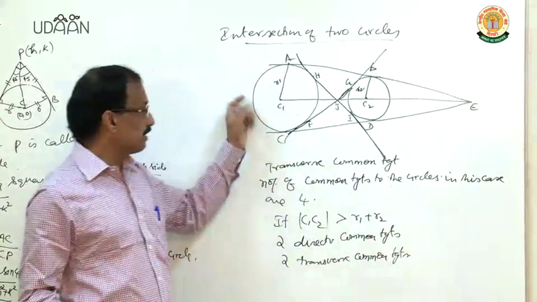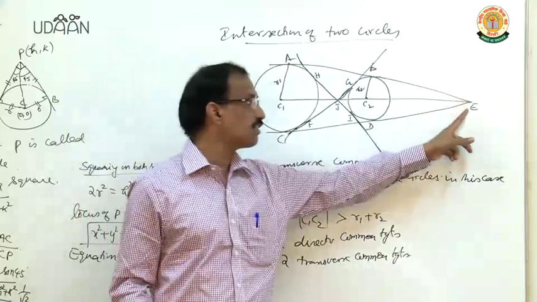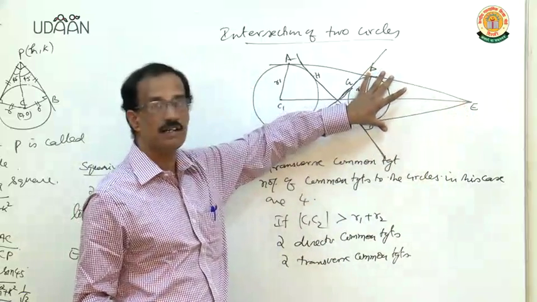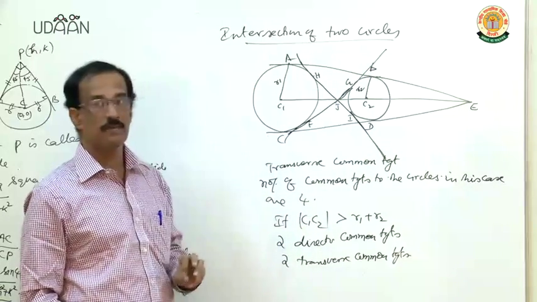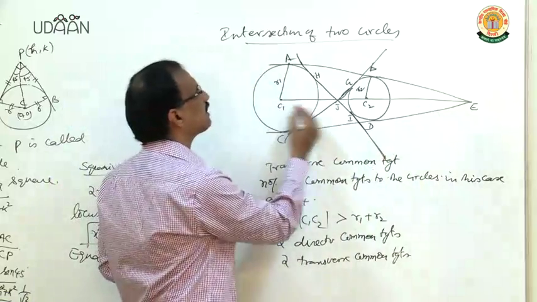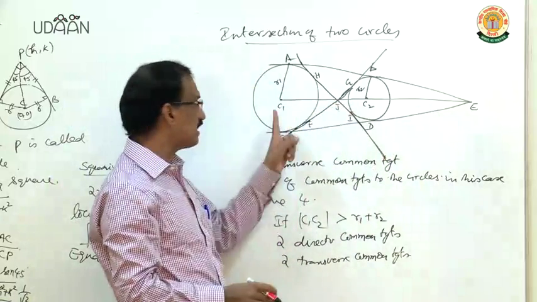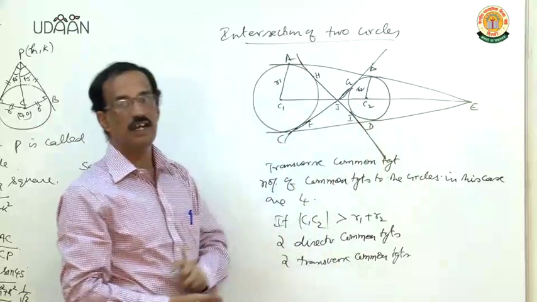One more thing, please note here that the center and the point of intersection of the two direct common tangents lie on the same line. Then this point E divides the line segment joining the centers, C1 and C2, in the ratio of their radii.